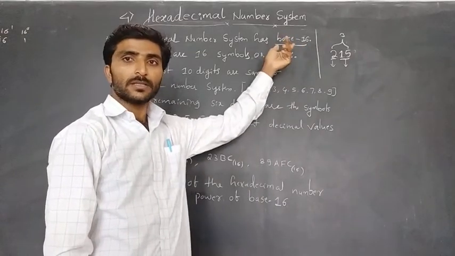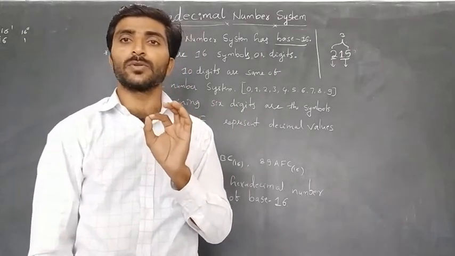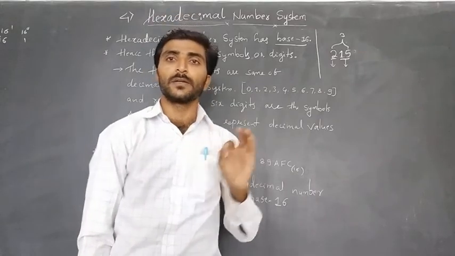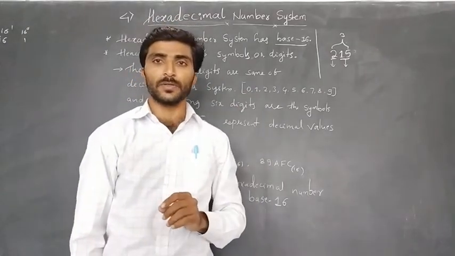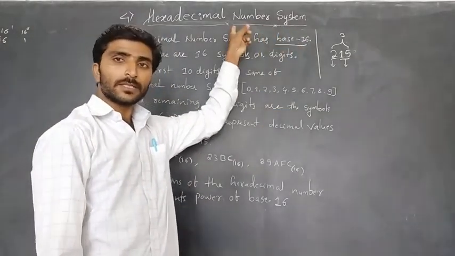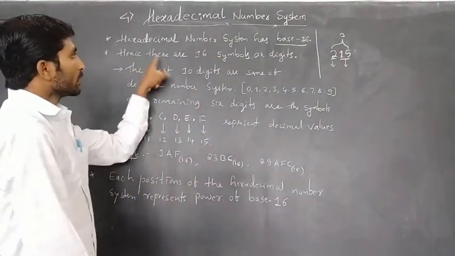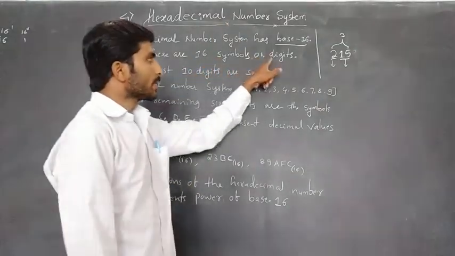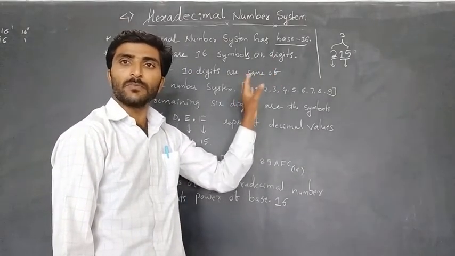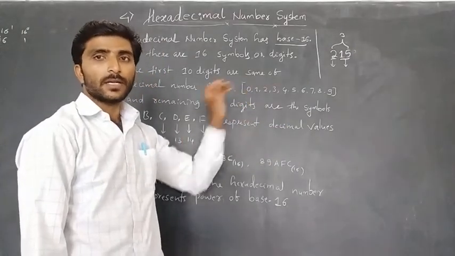Base 16 means a total of 16 digits or numbers are available in the hexadecimal number system. How many digits? 16, or we can say symbols.